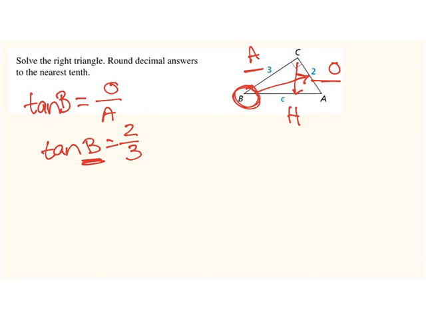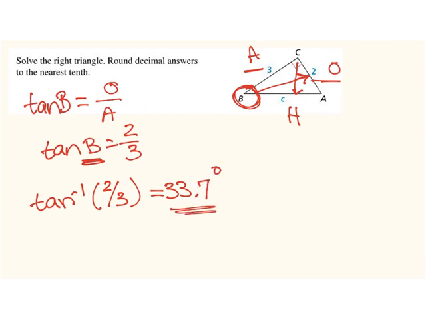So you're going to hit second tangent. And you'll notice it shows up like this on your calculator. And you're going to put in that fraction, 2 divided by 3, and your parentheses, so it's always good practice. And you're going to get 33.7. That's your angle measure. That's the angle right there.